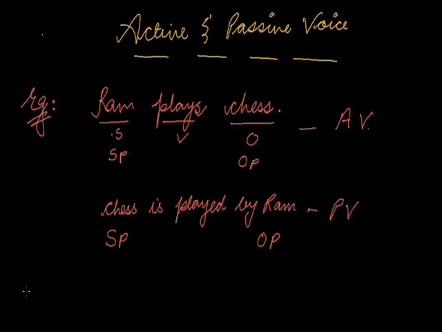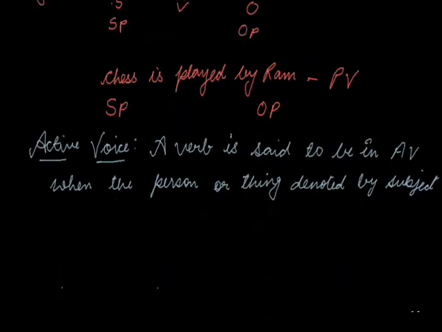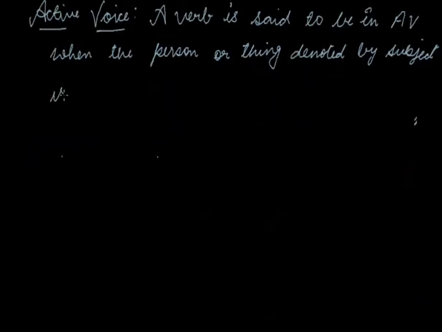Now let's define it. Now what is an active voice? A verb is said to be in active voice when the person or thing denoted by subject is doer of the action.